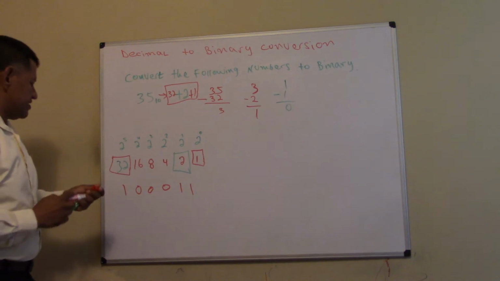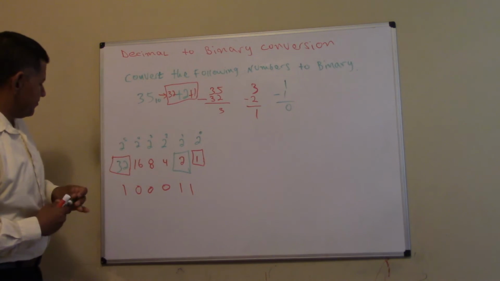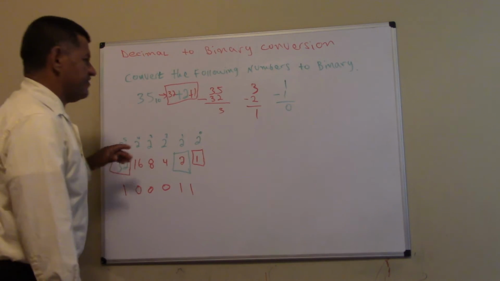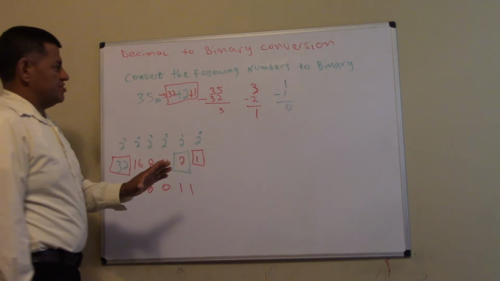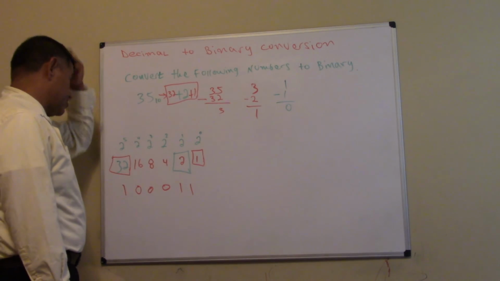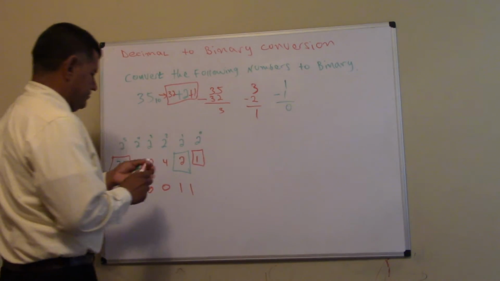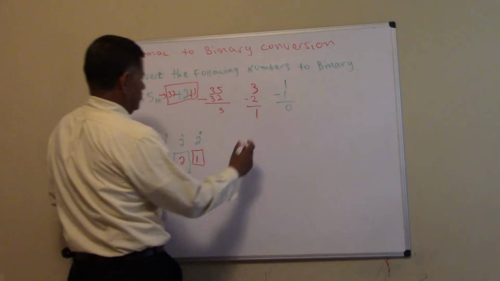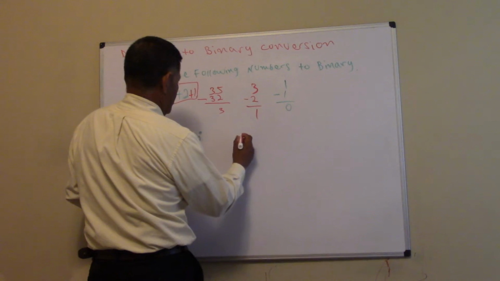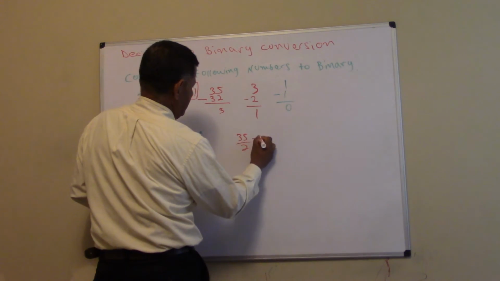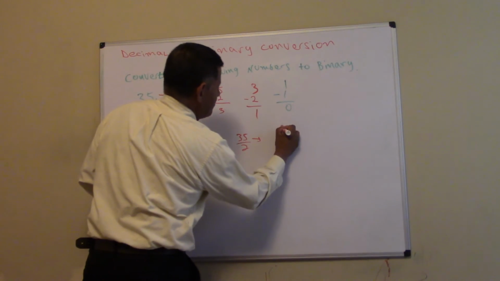Okay, so that is the representation for 35 base 10. That's fair enough. I think the division was clear, so I'm not going to do the division. I mean, I can do it, but let's do it real quick, right? So 35 over 2, and here I do remainder.